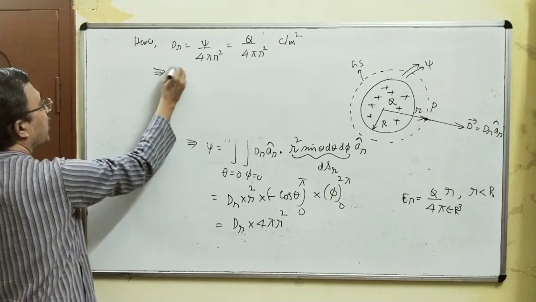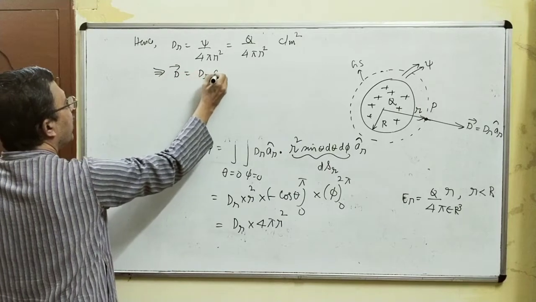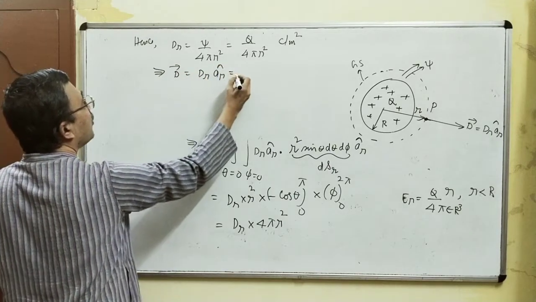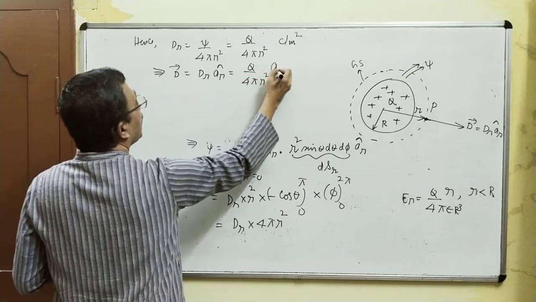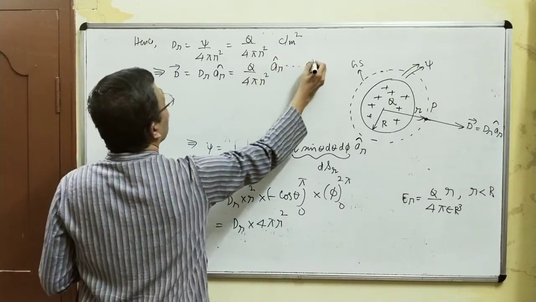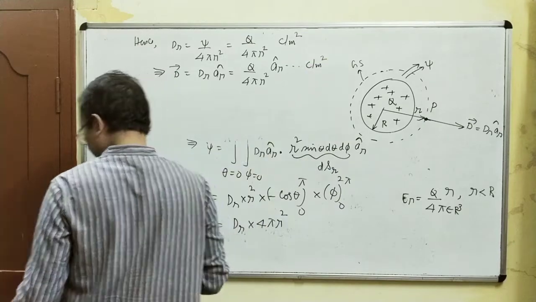This implies vector D is equal to Dr into ar cap, which is equal to Q divided by 4 pi r square into ar cap, so many coulombs per meter square.